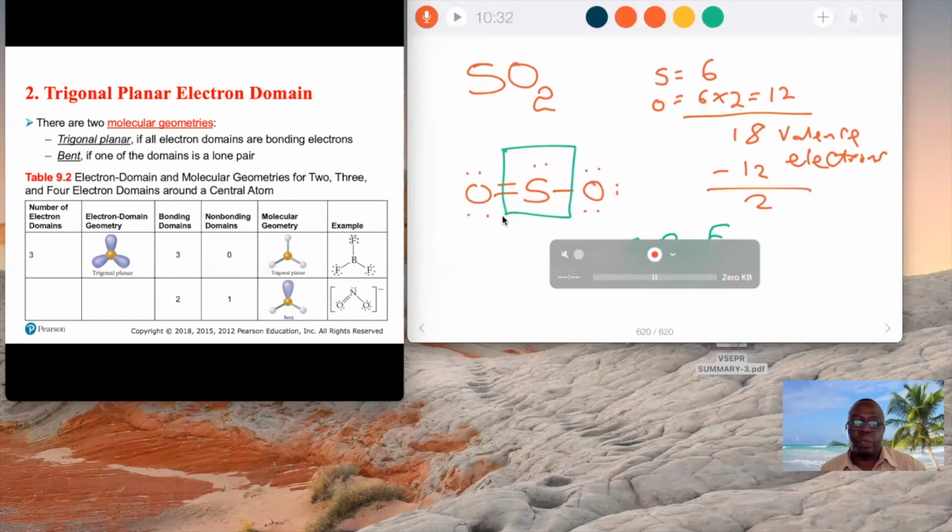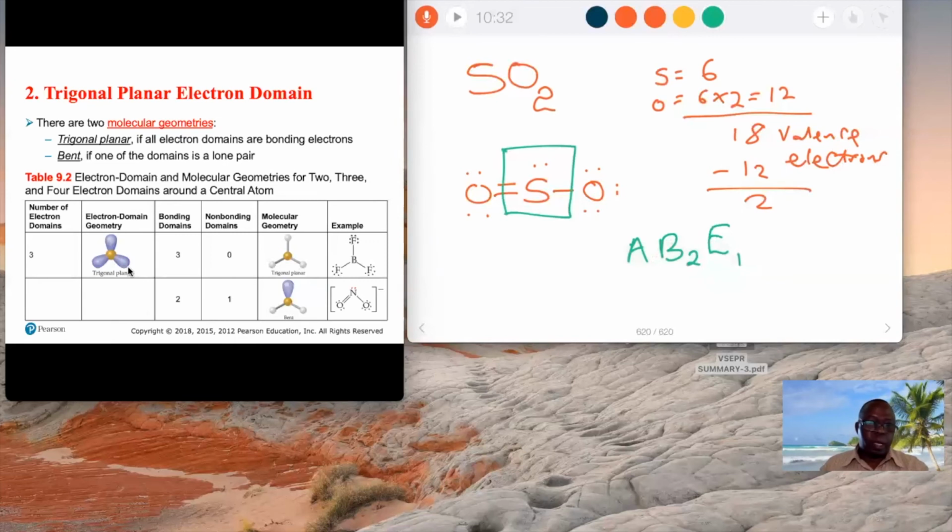This is the generic formula for predicting either molecular geometry or electron domain geometry. For molecular geometry, I look at oxygen and oxygen. But if it was electron domain geometry, there is one domain here, there is a domain here, there is a domain here. So 3 domains. 2 plus 1 is 3.